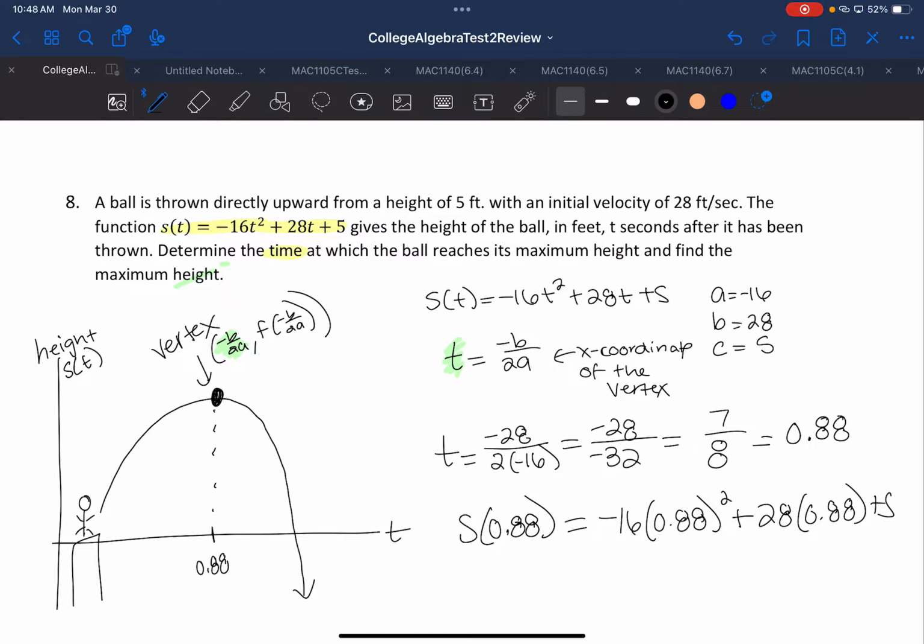So 0.88 squared times negative 16 would be negative 12.3904 plus, you can plug this entire thing into your calculator at one time as well, 24.64, and then plus the 5 gives me 17.25 feet rounded to the nearest hundredth. So this would be the maximum height that the ball reached.